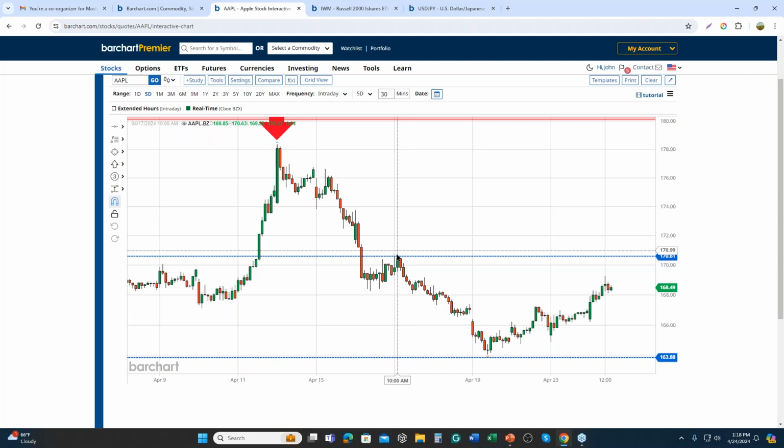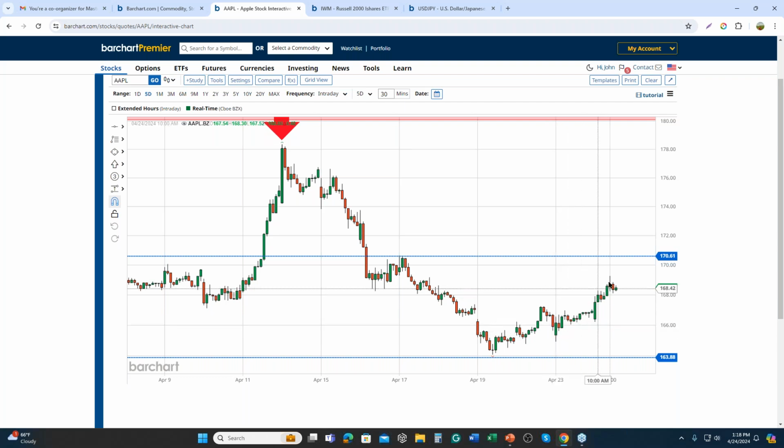So this could be a swing high in this time frame. As far as our swing lows, our swing low looks like it's right in line with the bottom of our support zone. But could this be a swing low? Yeah, where price stopped going down and started going back up again.